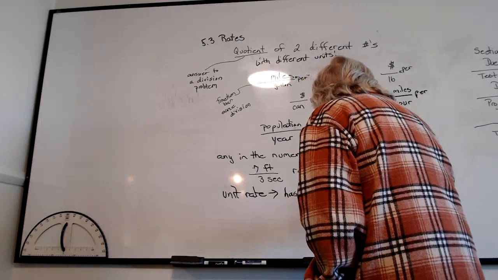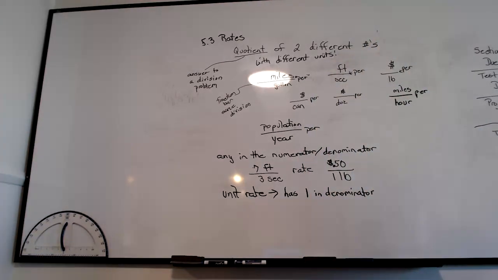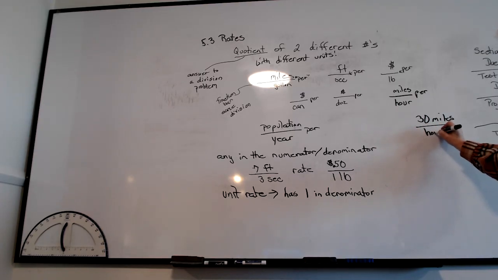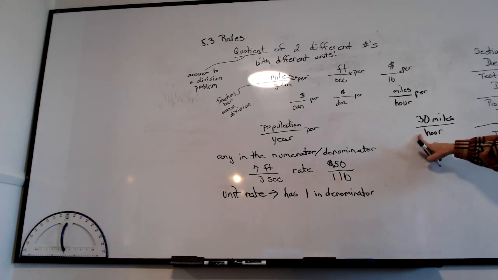Now, a lot of times when we say it, we don't put the 1 there. When I say I'm going 30 miles per hour, we don't say 1 hour, but that's what's assumed, okay?